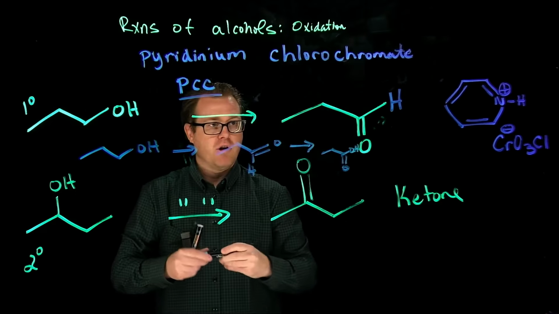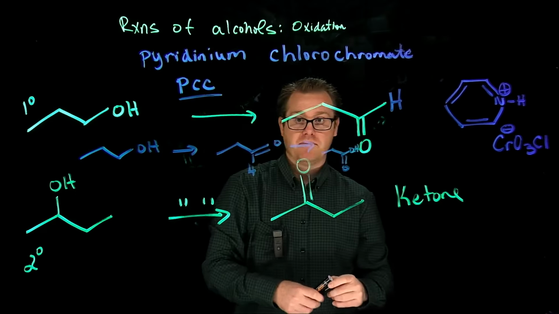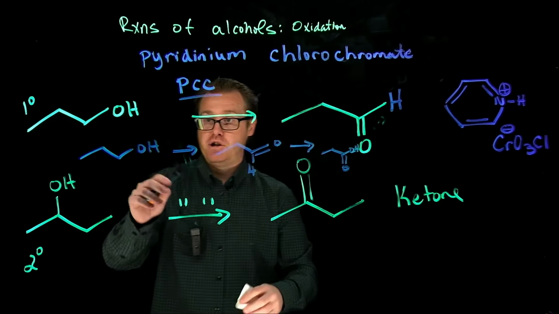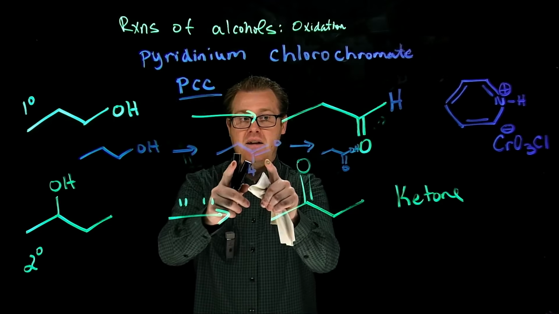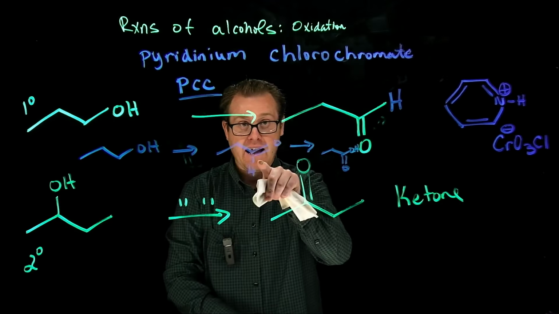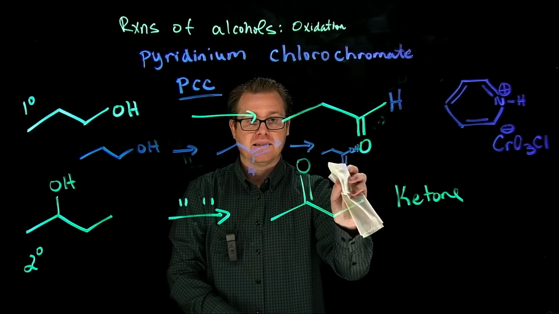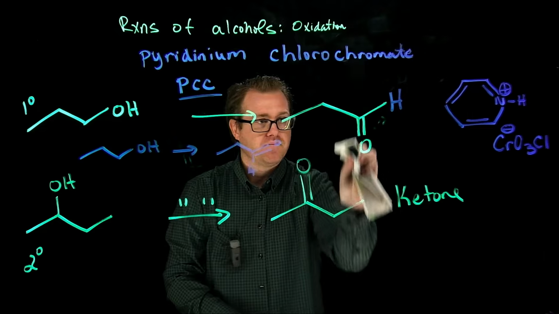Right? So chromic acid just does it stepwise. But when you do this reaction with PCC, it stops at the aldehyde and cannot convert the aldehyde into the carboxylic acid. So it stops.